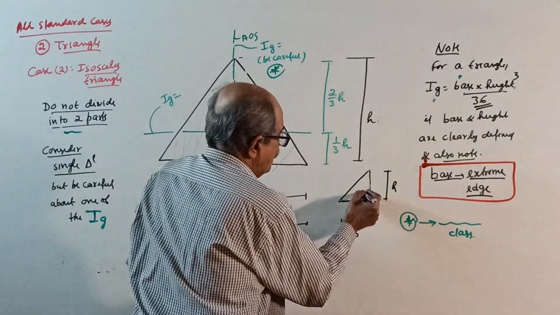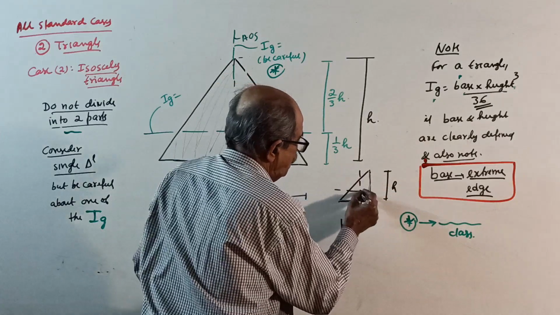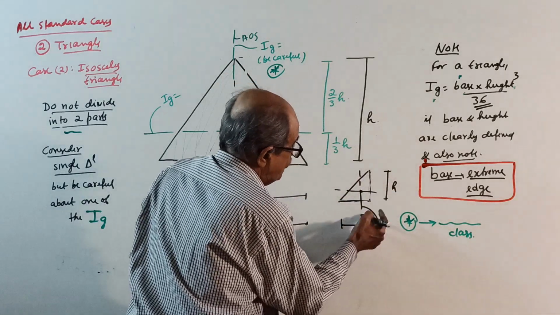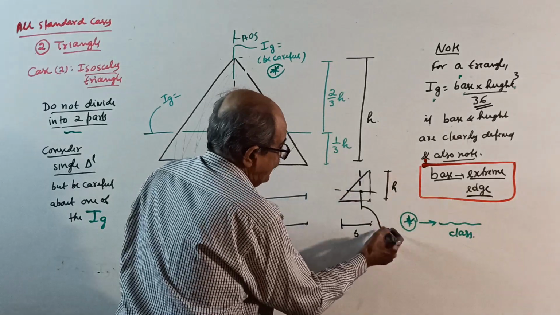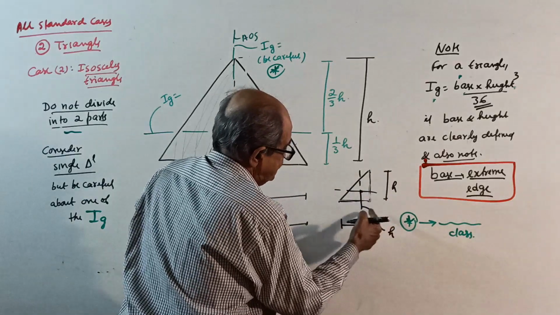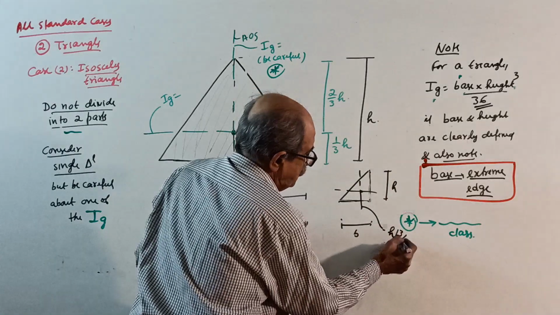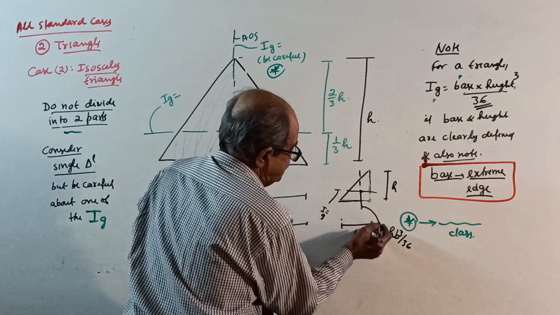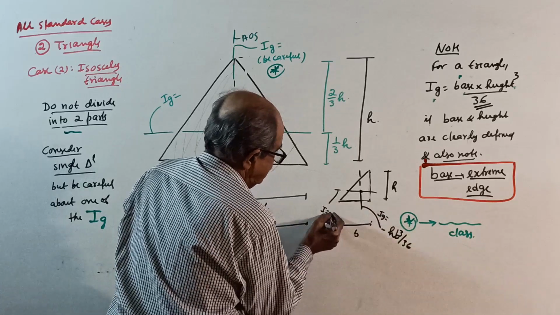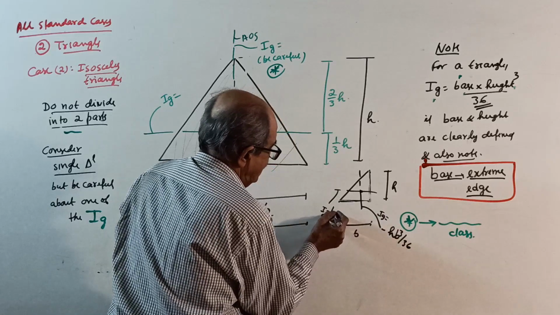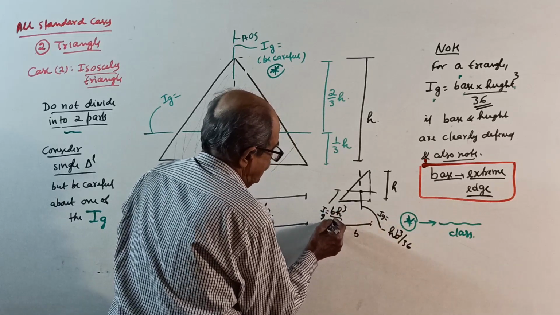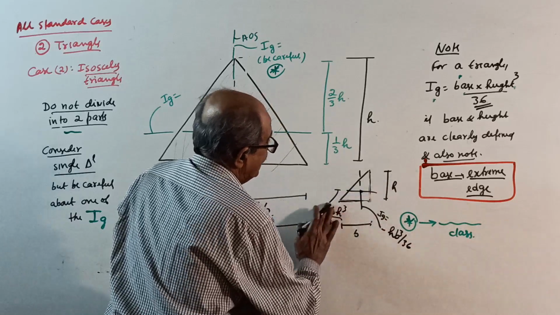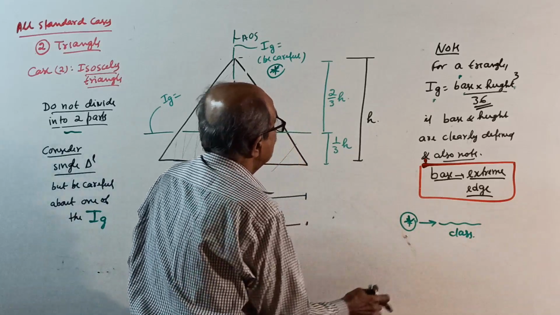That's why for right angle triangle, this I is, parallel side is H, H into B cube by 36. This IG is, parallel is B into H cube by 36. This is already over.